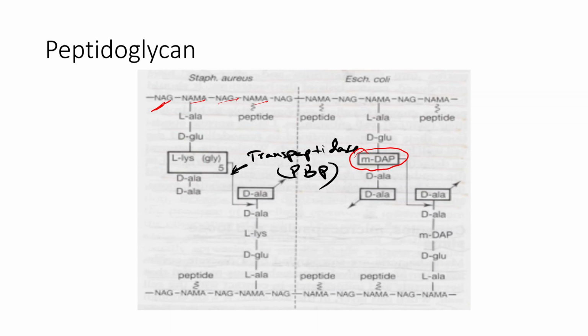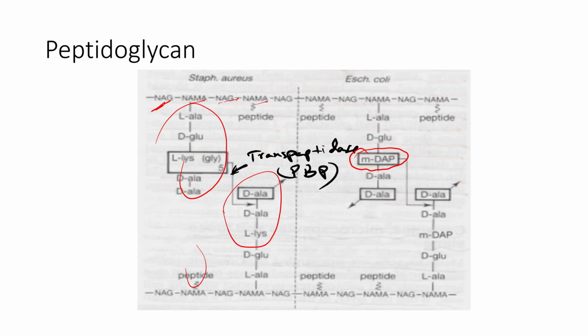Now, these peptidoglycan chains are not strong enough to give the cell wall the strength it needs. The strength is provided by cross-linking between the peptidoglycan chains. The cross-linking occurs between the pentapeptide chains. You can see this chain cross-link with this chain, and there are multiple chains cross-linking with each other. This makes the peptidoglycan layer strong.